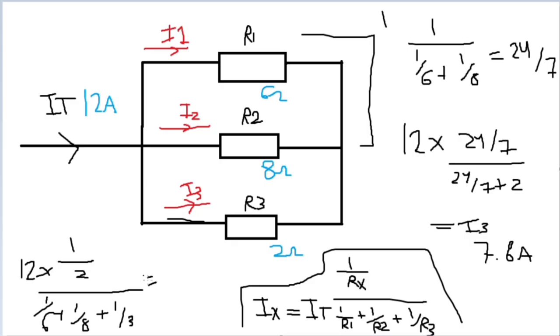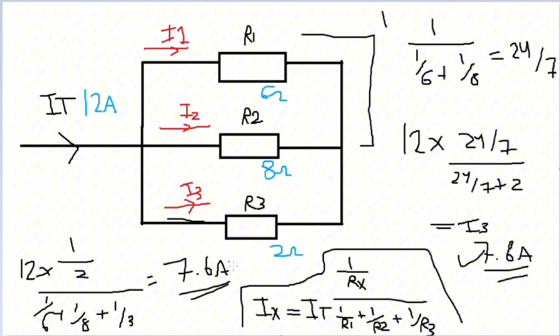That would also give us a value of 7.6 amps. So that concludes that both methods are correct and they both work.